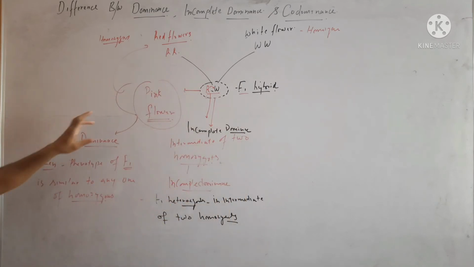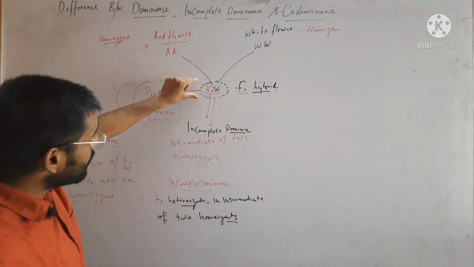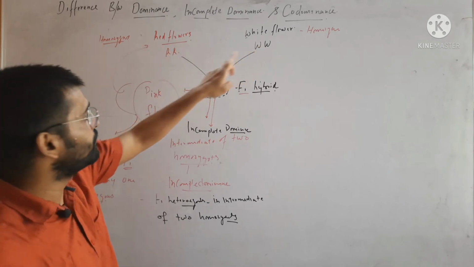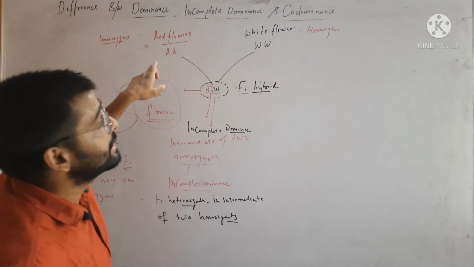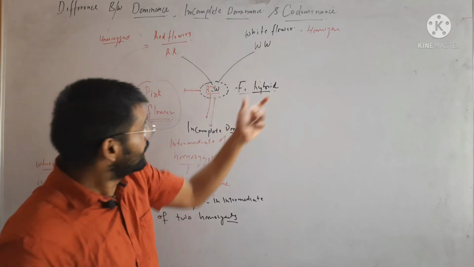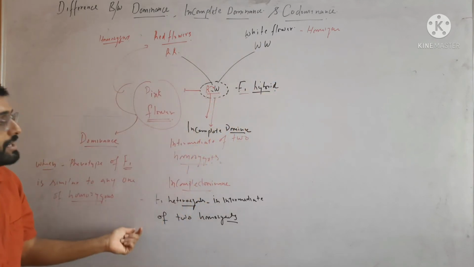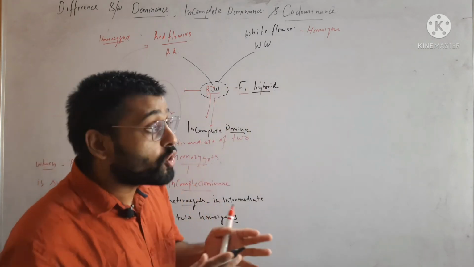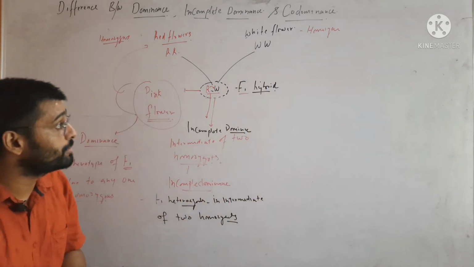So dominance is when the phenotype is any one of the homozygotes, it may be red or it may be white. If it is red, then this allele is dominant. If the color is white, then this allele is dominant. If it is intermediate of both, then it will be called incomplete dominance. And the last one is codominance, meaning both are dominant.